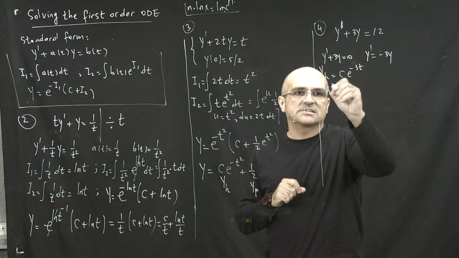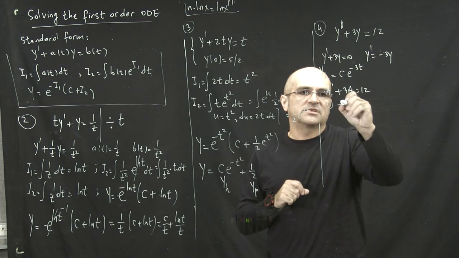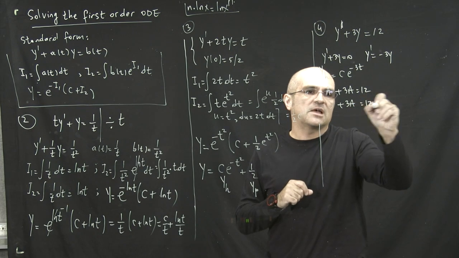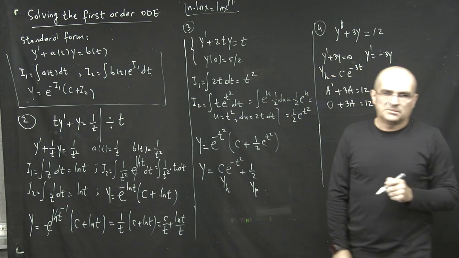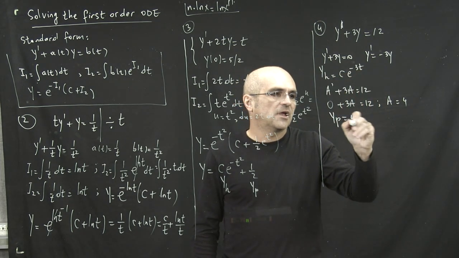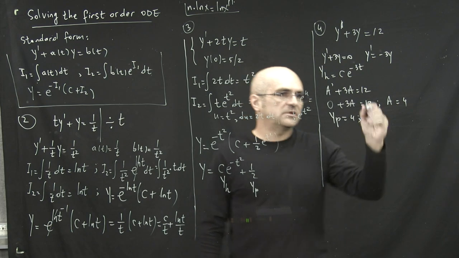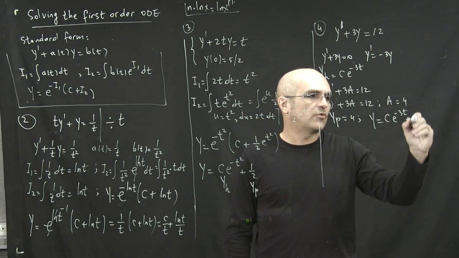Well, plug in a constant for y. That constant's derivative will be 0. So that means the constant that fits the entire ODE is 4. So the particular solution is 4. And therefore the full solution of the ODE is the homogeneous part plus the particular solution 4.